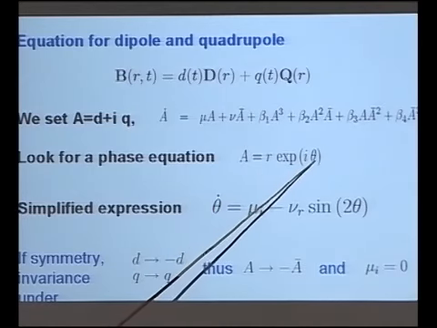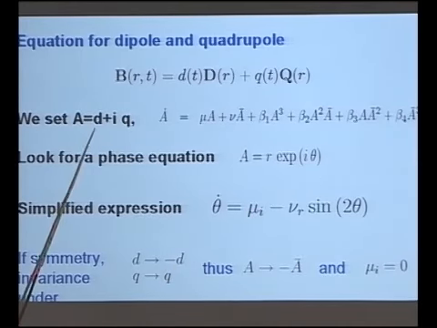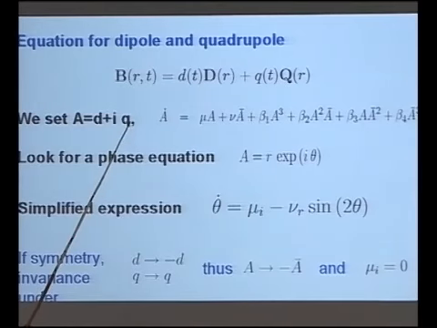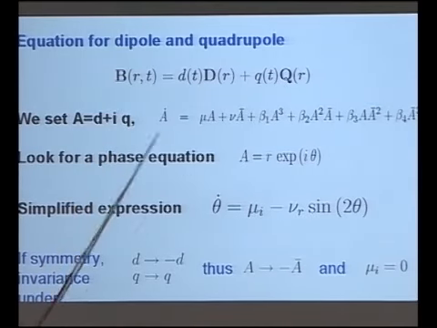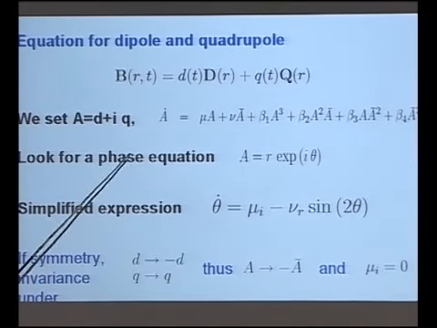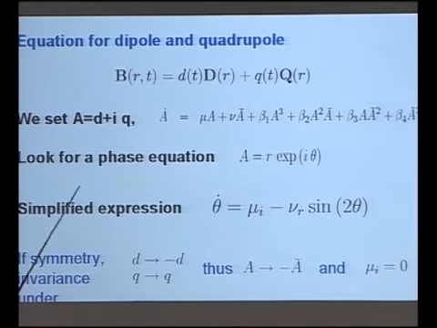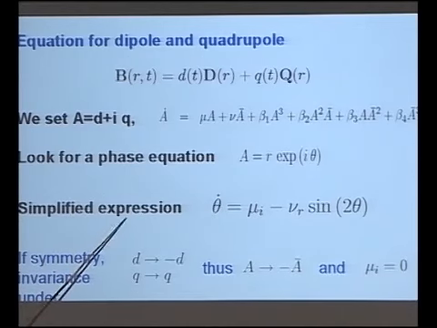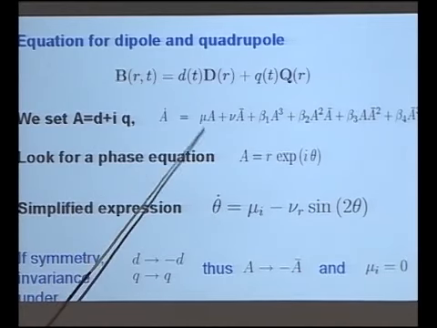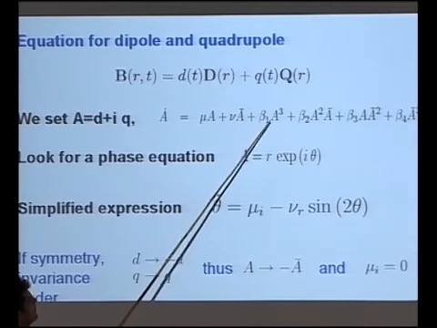And now what I'm going to do is look for a phase equation, which means I write the amplitude A as some amplitude times exponential i theta, and this phase here will be related to the importance of the dipole and the importance of the quadrupole. On theta I can find D and Q. So I can write the general expression for the phase from that.